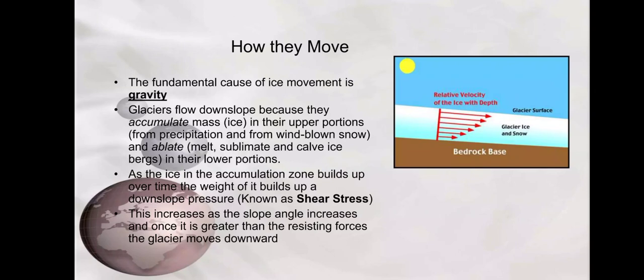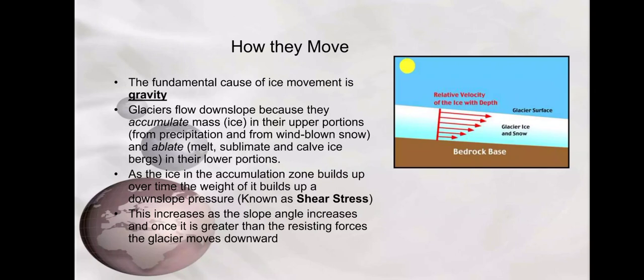and from wind-blown snow, and ablate, or what we call melt, sublimate, and calve icebergs in their lower portions. As the ice in the accumulation zone builds up over time, the weight of it builds up a downslope pressure known as shear stress.